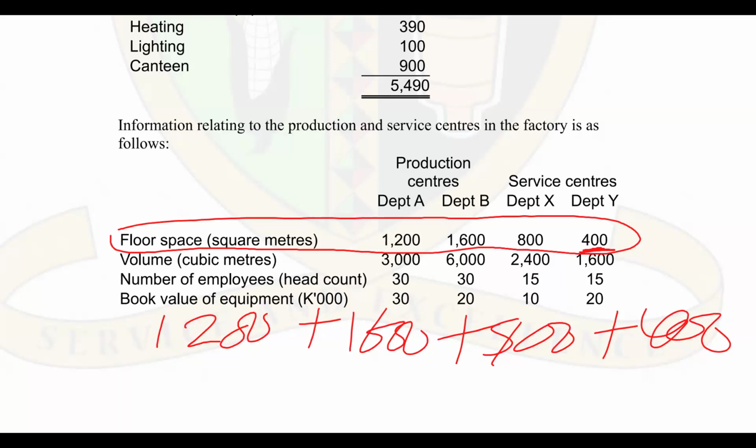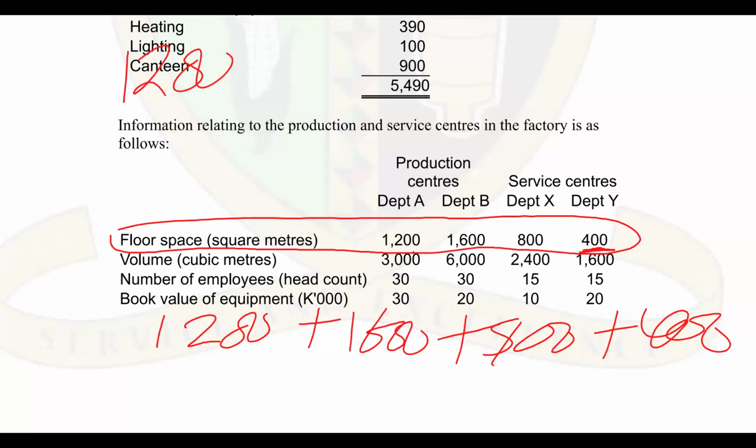How much goes to department A? It will be 1,200 divided by 4,000, times the amount that you are allocating. Is that clear? The amount that you are allocating on top, the depreciation. You're following the process of allocation, of apportionment.